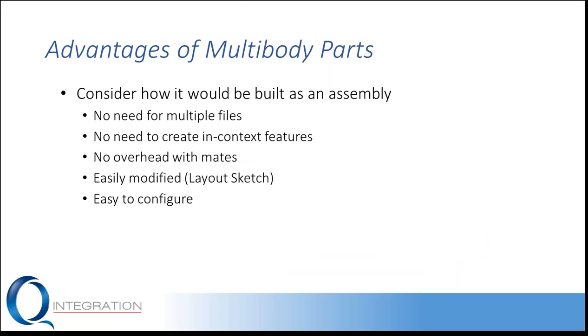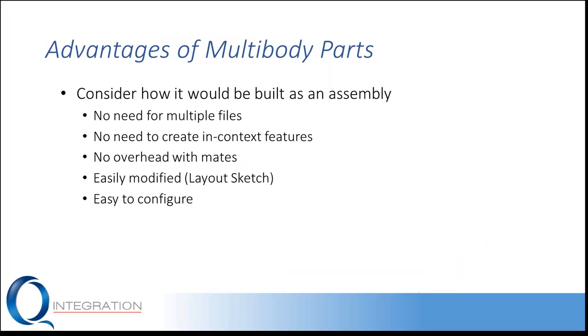What are some of the advantages though that we have of these multi-body parts? Well, in order to understand this, we need to consider how it would be built as an assembly. If we take any one of those that I just looked at as an example, building those as an assembly, we would need multiple files. We'd be creating in-context features if we wanted the model to be parametric at all.